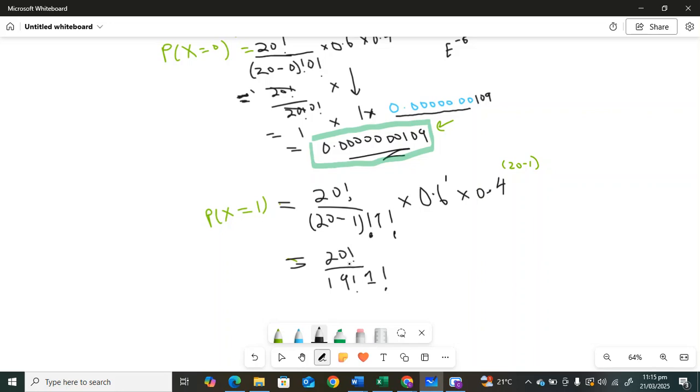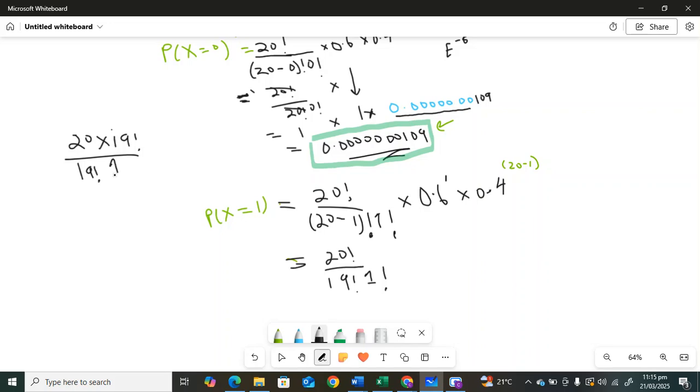That would take a lot of time. What you can do is say 20 times, then you end on 19 factorial because 19 is at the bottom here. So 20 times 19 factorial, so that these 19s can cancel each other.